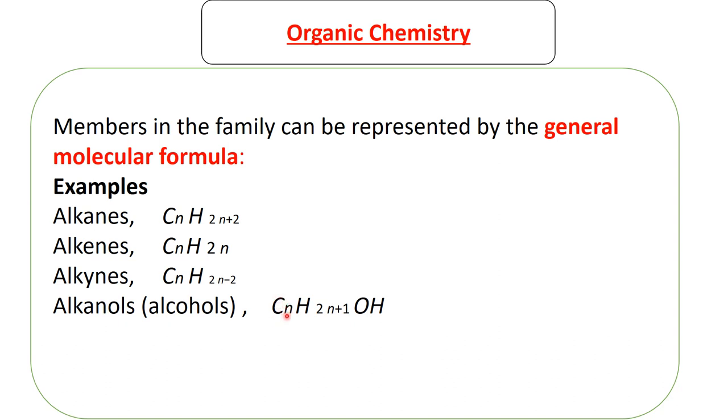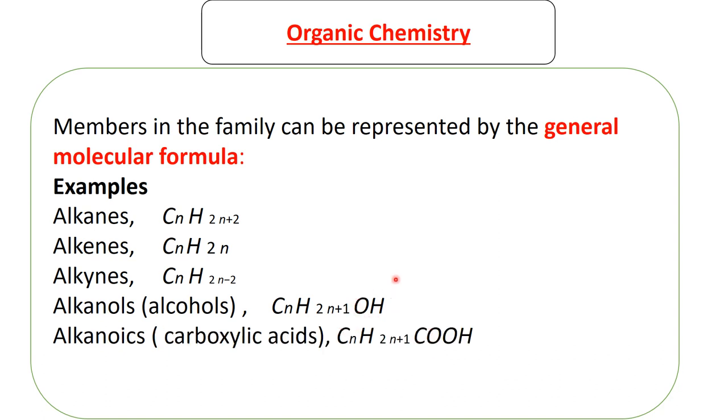So if we have 2 carbon atoms here, then the number of these hydrogen atoms is 2 times n plus 1, or 2 times 2 plus 1, which is 5. So we're going to have 2 carbon atoms, 5 hydrogen atoms, but the OH will still be here. This OH is a functional group, as we are going to see later.